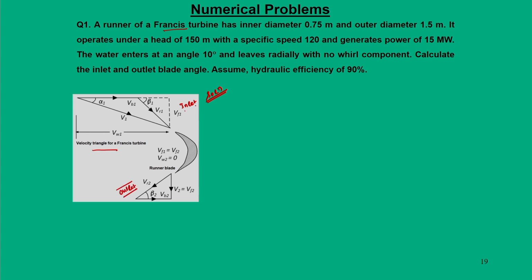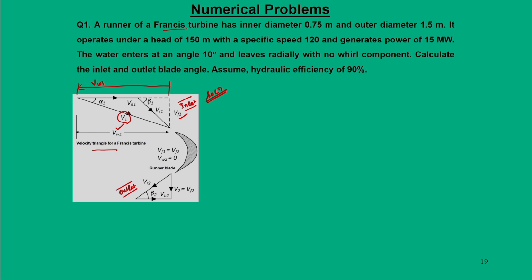These velocity triangles are useful to find the energy which is getting transferred from fluid to rotor. Two important things for this Francis turbine: we have this VW1 component and VF1 component that constitute the velocity vector of V1.